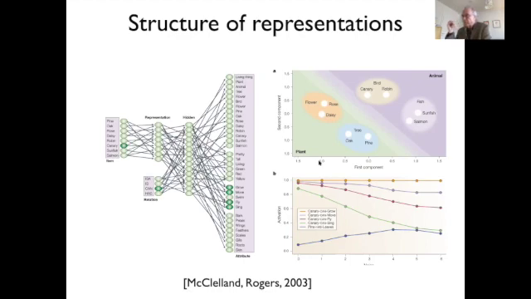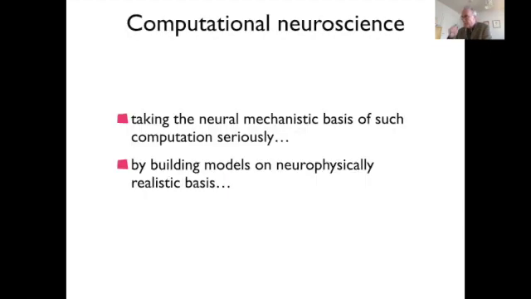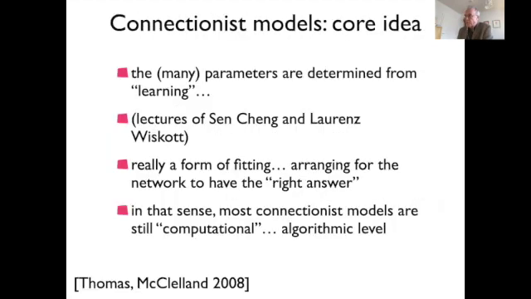So this capturing of the structure of representations is really the main strength of the connectionist approach. It's often not always quantitative, it's often qualitative. So I'm not going to expand much on that.